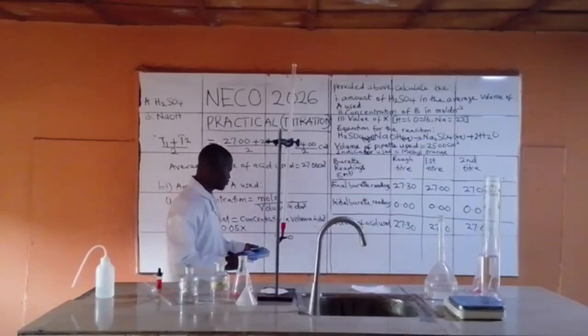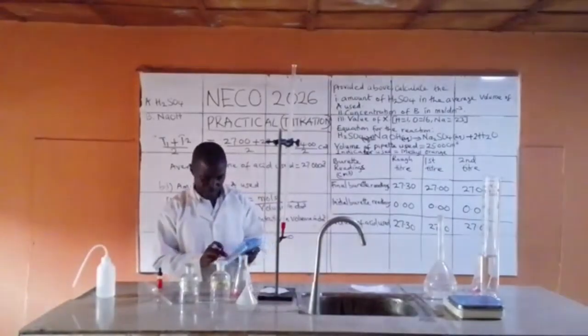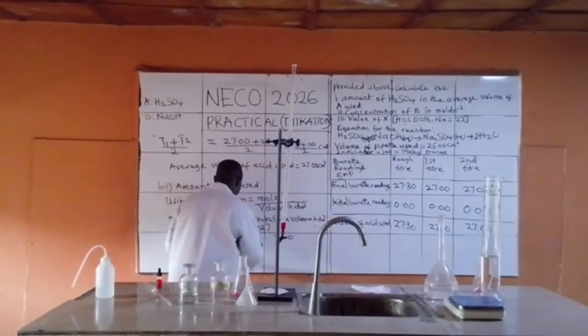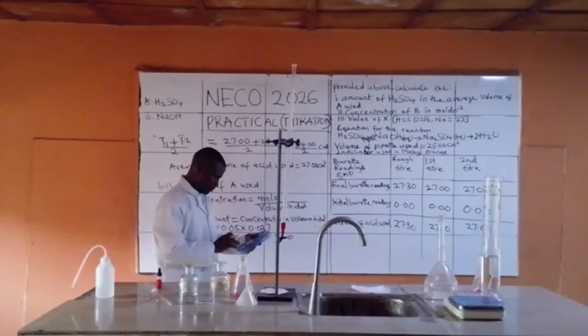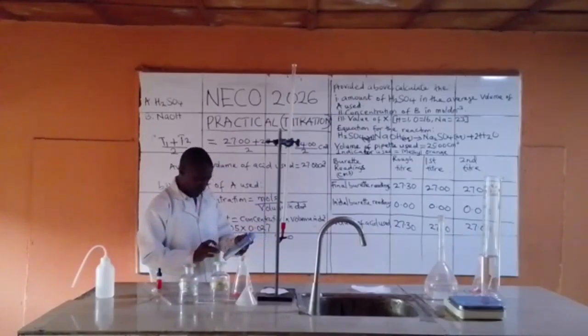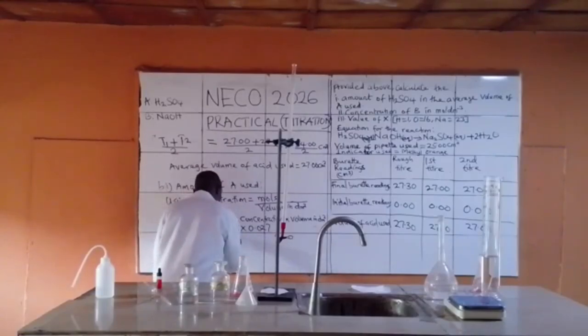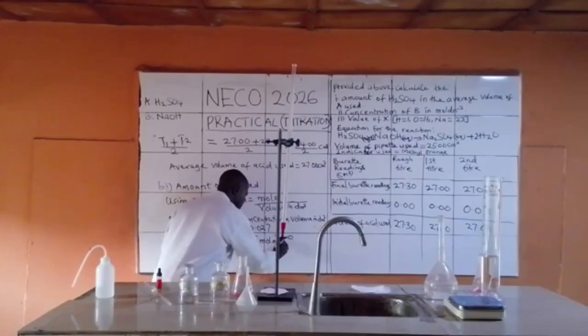Now, in order to get the volume in dm cube, we divide 27 by 1000, which is equals to 0.027. By multiplying 0.027 by 0.05, we have 0.00135, which is the mole or amount.